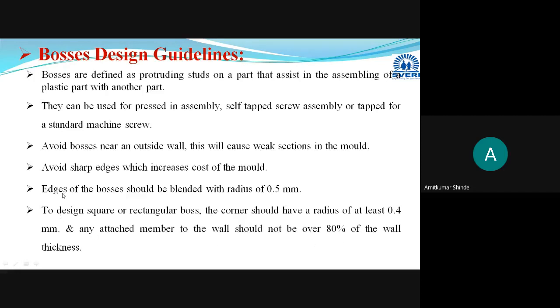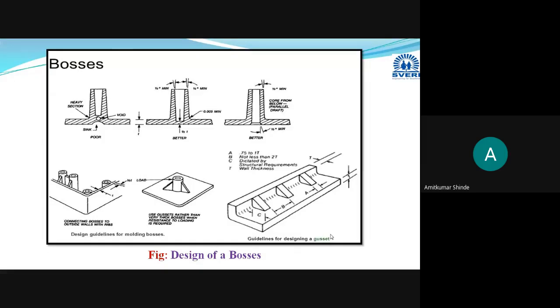This boss is attached to the wall with the help of a rib, and that rib thickness should not be more than 80%. Already we have discussed in the rib design, its thickness should be 50 to 70% of the wall thickness. Now you can say this is the design of the boss. This is the gusset that I have added a separate slide for.